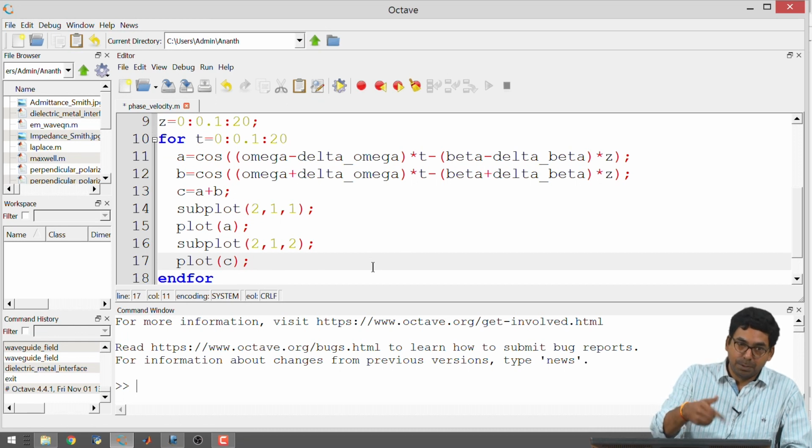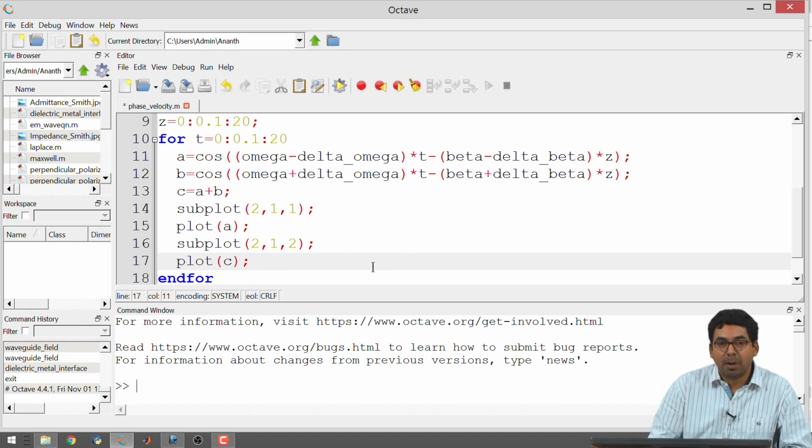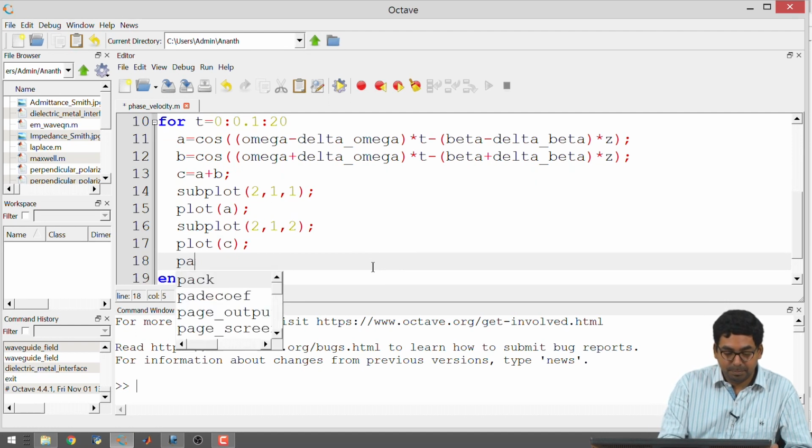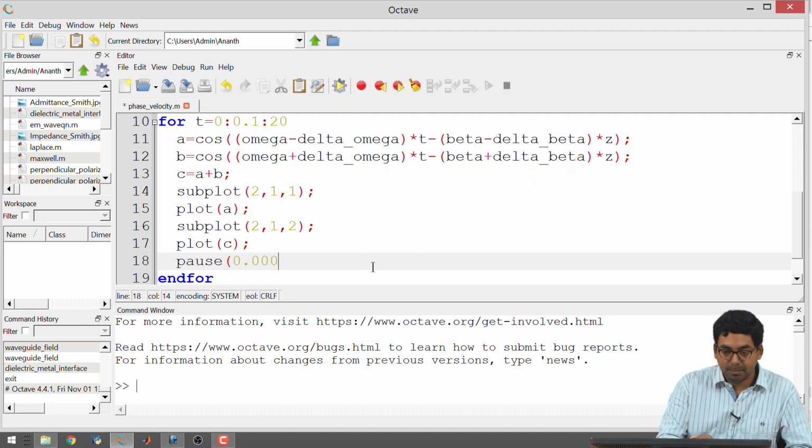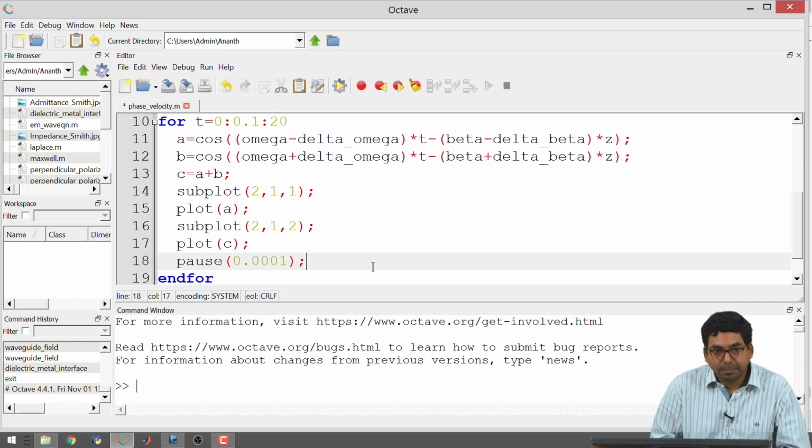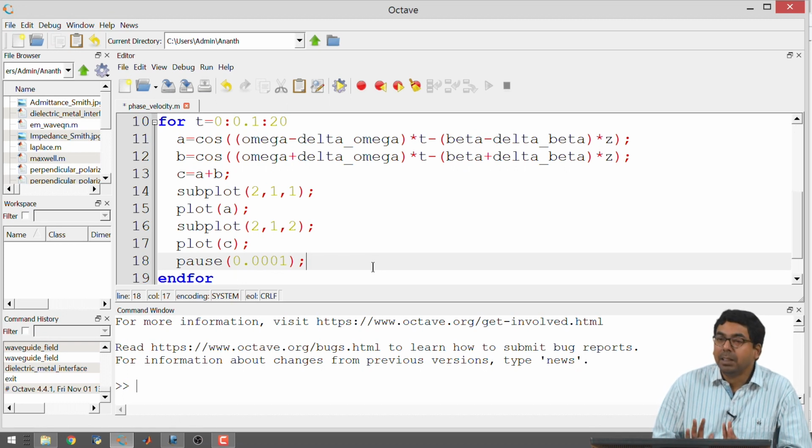Since I want to see the evolution with respect to time, I want to give a small pause command, right. Okay. And I am going to run this program, right.